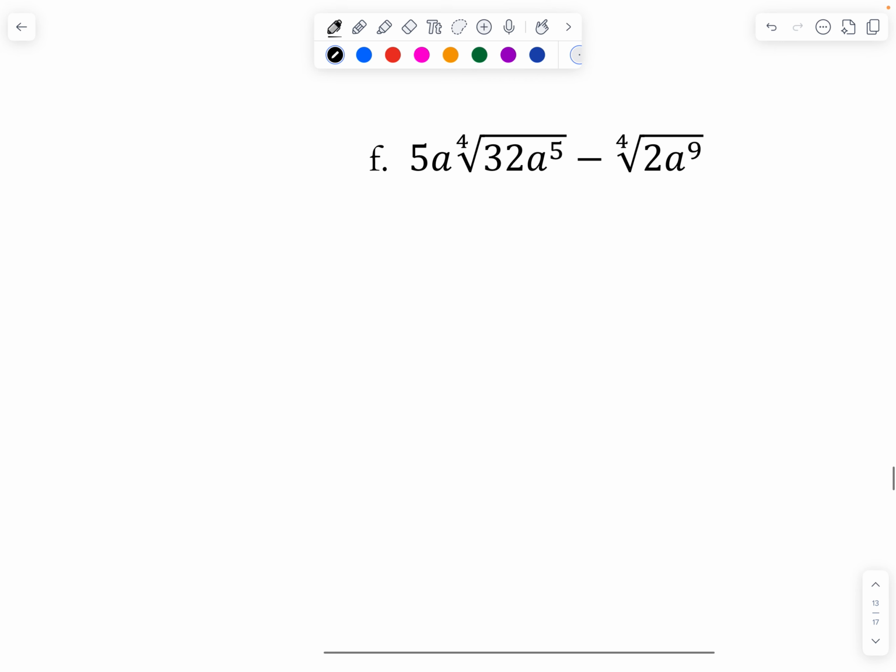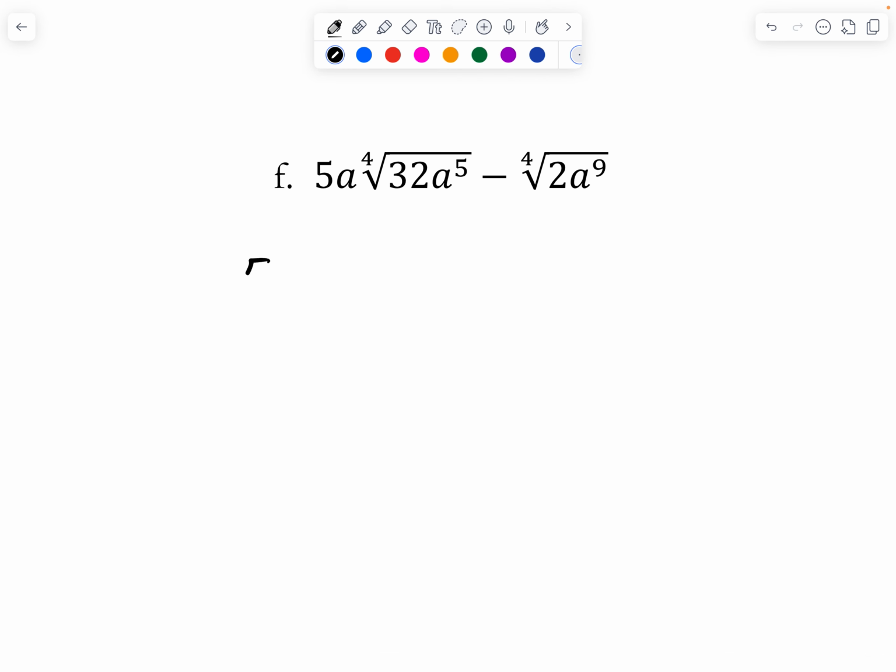Let's do F. All right, I'm going to deal with this one on the left first. So breaking this down into the 4th root of, let's see, I believe 16 can help me here, because I do know the 4th root of 16, that is 2, all right, times the 4th root of, that would be 16 times 2 is 32, times the 4th root of a to the 5th power.